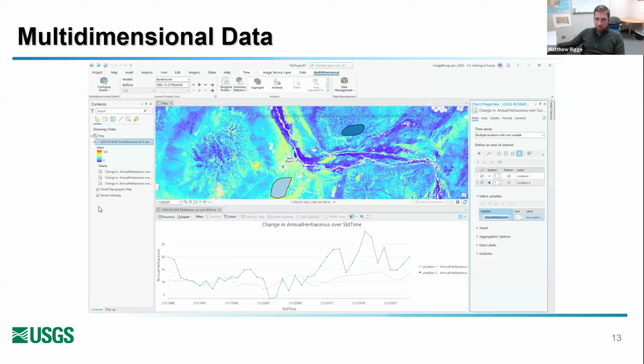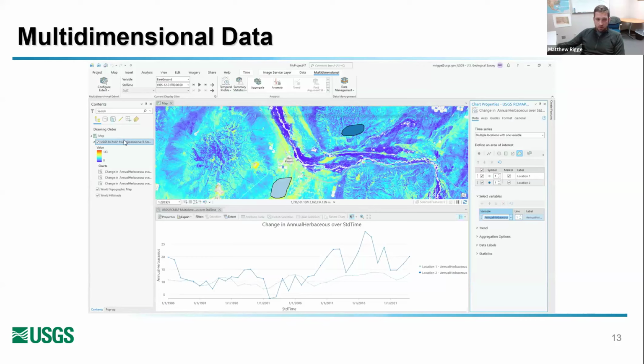We've been working together with the BLM to increase the usability of the data. So one tool we've been working on is multidimensional. That allows users to go into RCMAP or Arc Pro, I guess, at this point, and create all sorts of time series plots such as this really easily. All the data is embedded into a single layer, so there's no more wrangling around with hundreds of different layers.